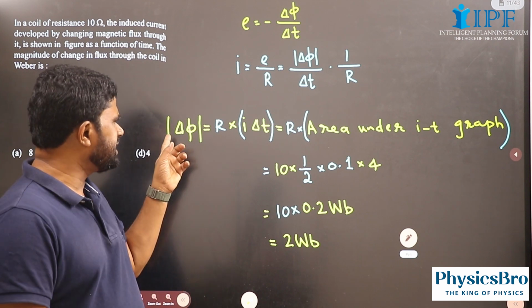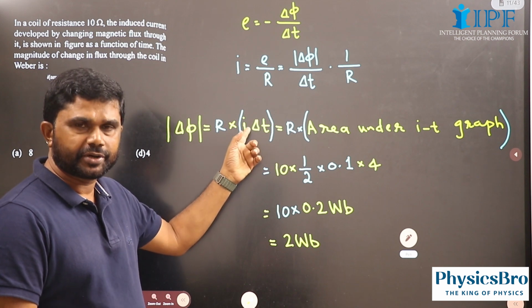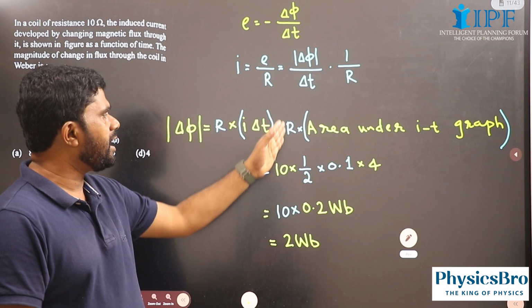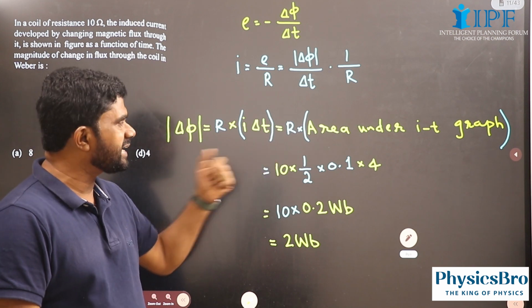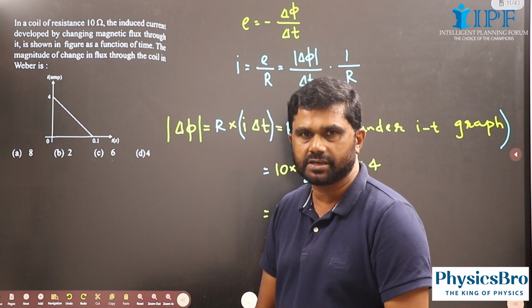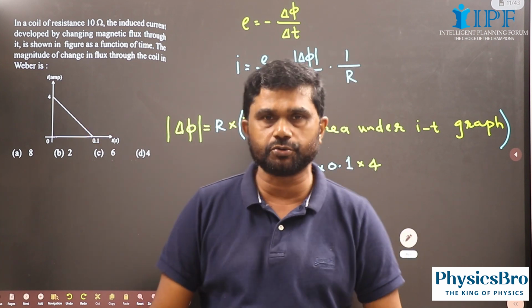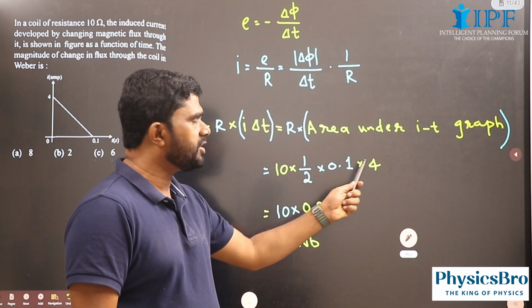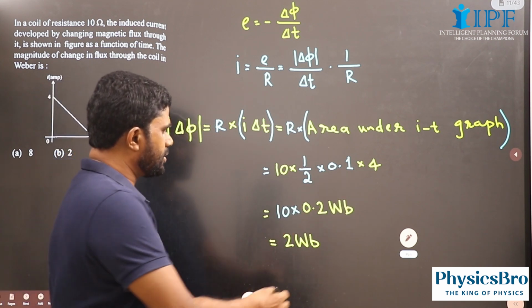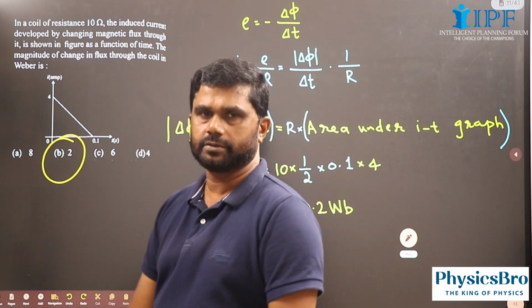Now see, delta phi equals R into I delta t, current into time. That is the area under the current time graph. So capital R is given as 10 ohm, and the area under the graph here is a triangle, and its area will be half into base into altitude. Okay, half into 0.1 into altitude, which is 4 units. So that will be 2 Weber. Okay, so 2 Weber, this one.